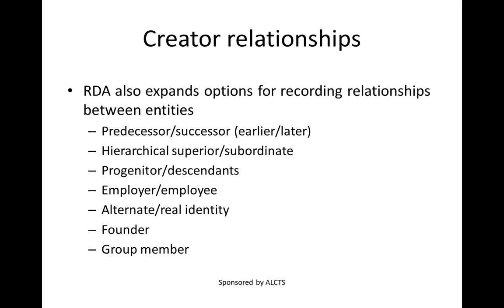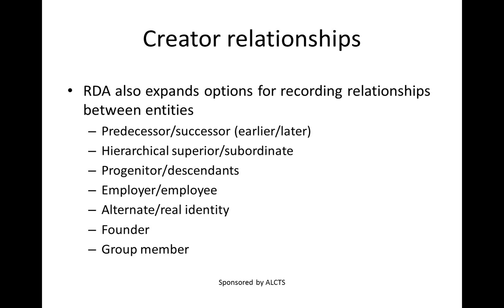Another element worth mentioning in terms of a minimal level DACS requirement, though it's not on the list, is linking related entities. This is mentioned specifically in DACS Principle 8 as a minimal requirement and calls for the ability to link successive bodies to one another and perhaps hierarchically. This was also an area of expansion in RDA and is included in Section 9 of that standard.